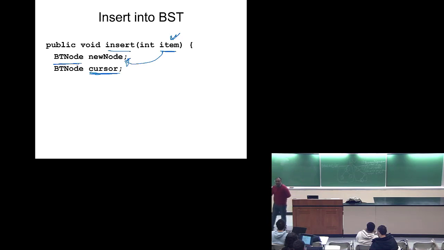Here we will define our own cursor, because it's not like a linked list where we already had a cursor. So let's define cursor, and we will make use of this cursor to trace through the tree in search of the perfect position to plug this item in, right?